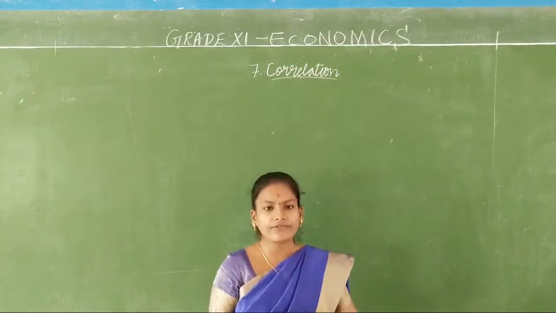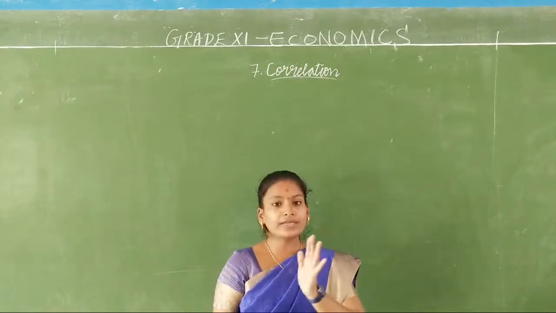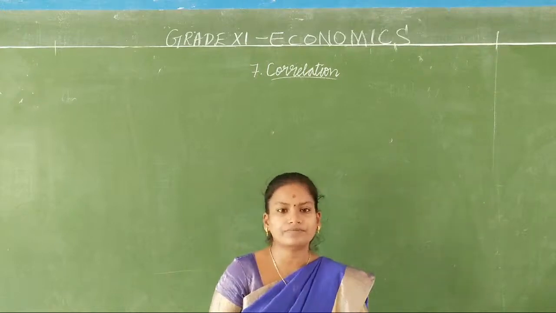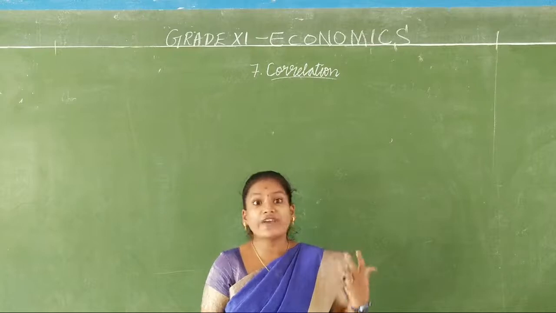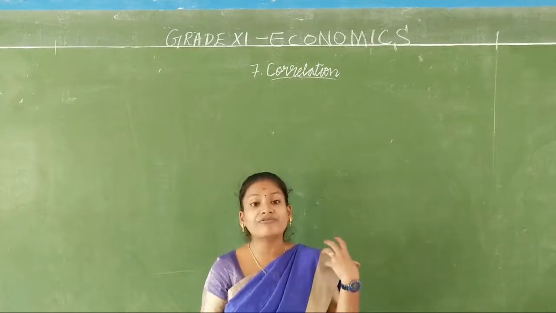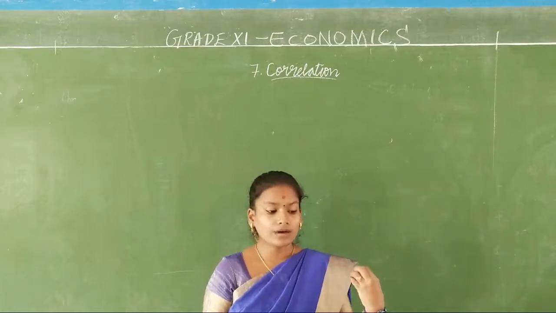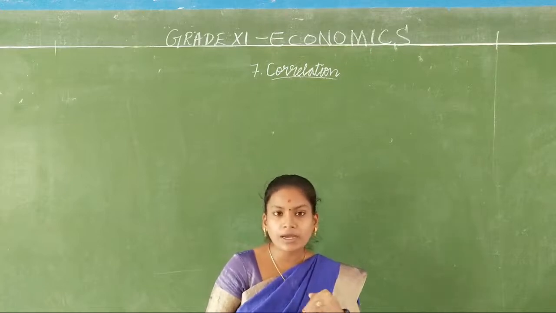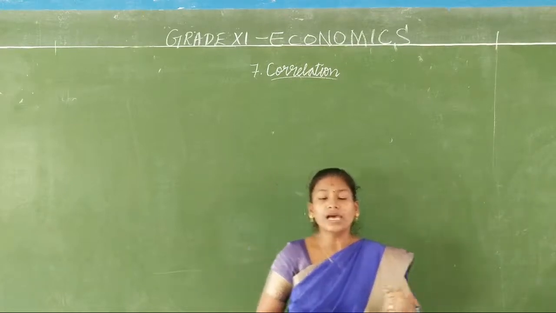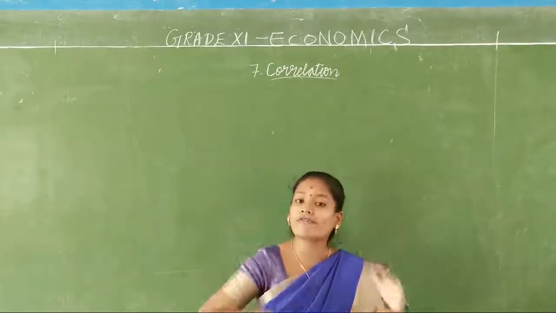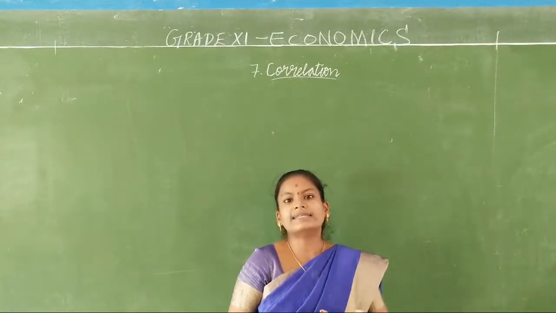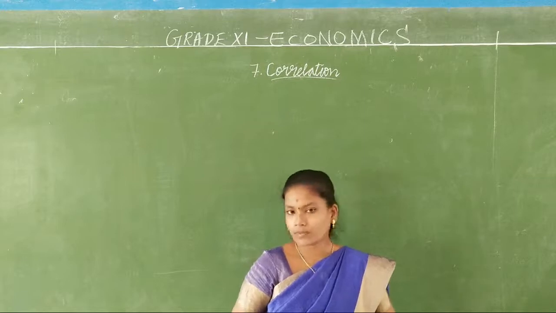How do you classify data and how do you take it to the next level? Organize, because it is very difficult to draw out information from raw data. So what we need to do, we need to put it in a proper format for us to understand the data, right?